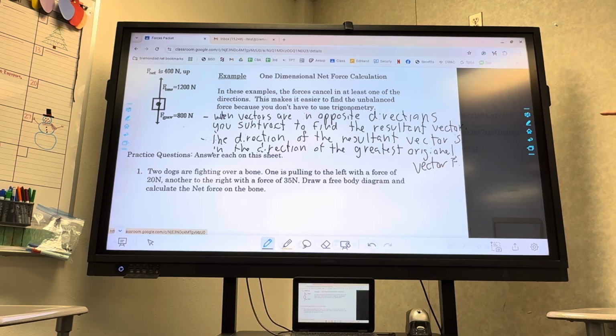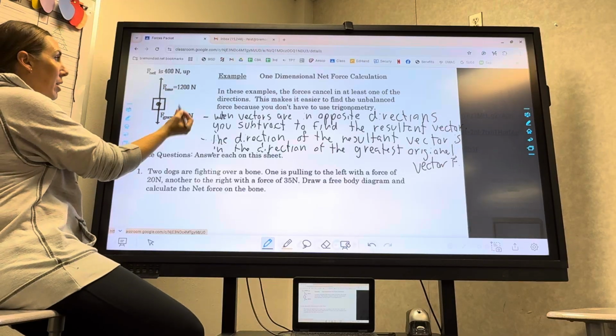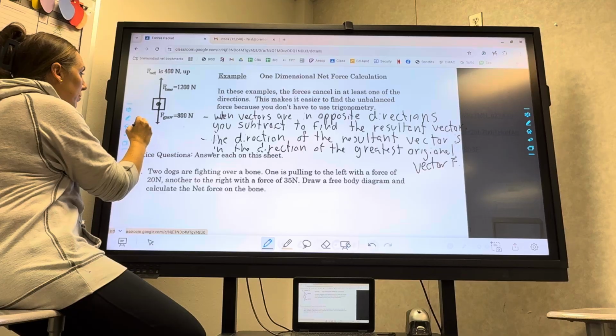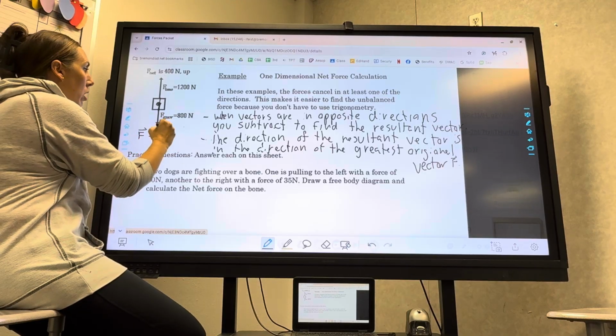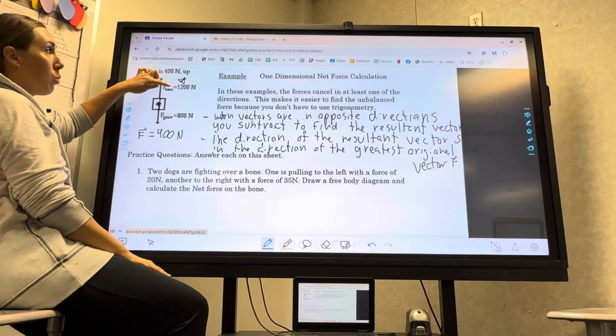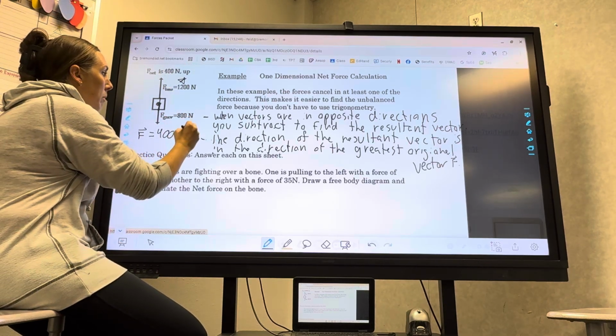The direction of the resultant vector is in the direction of the greatest original vector. So once again, we subtract because it's opposite. Okay, so the resultant force vector is 400 newtons. And because 1200 was greater than 800, then the resultant direction would be up.